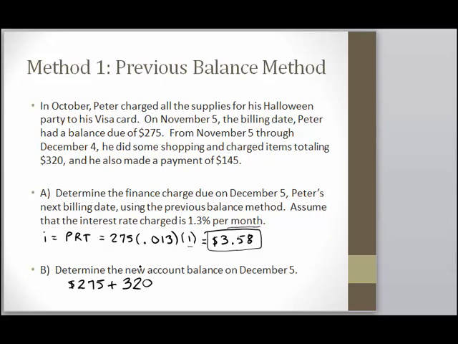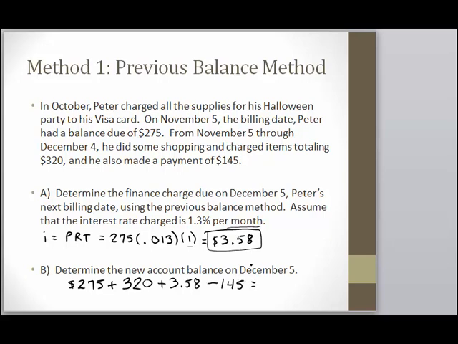He also accrued a finance charge of $3.58 that we calculated in Part A. He also made a payment of $145, so I'm going to subtract the $145 payment.